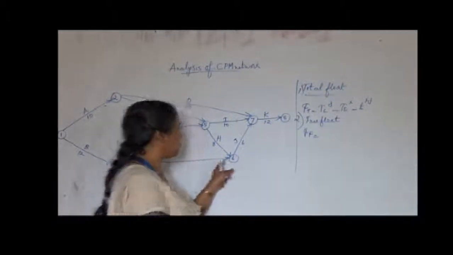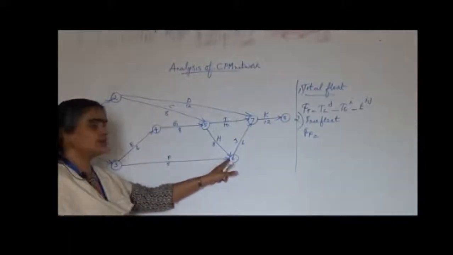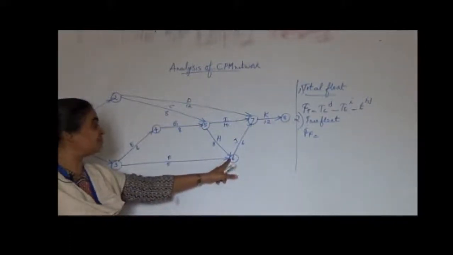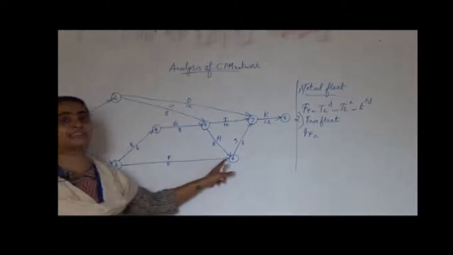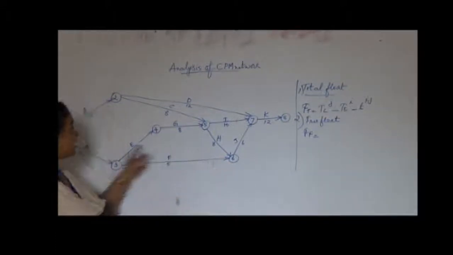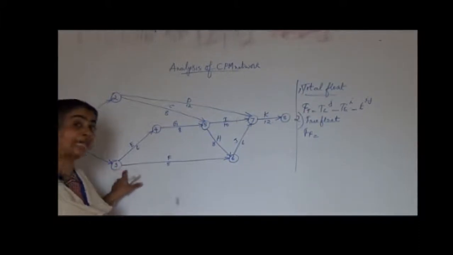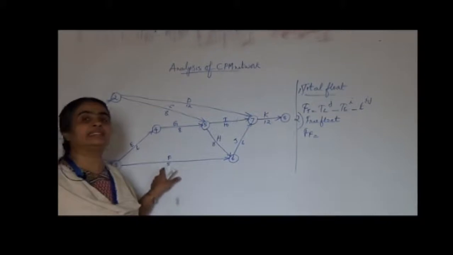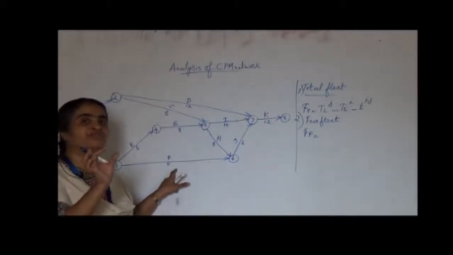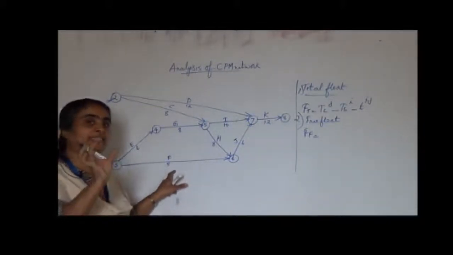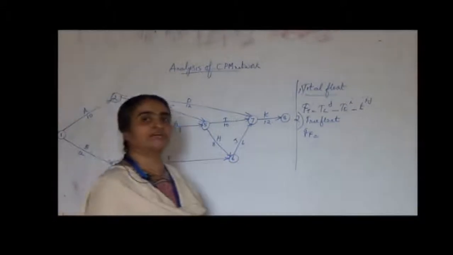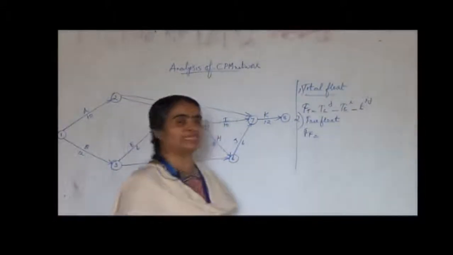For example, what is the free float of activity F? If all the activities leading to F start as early as possible, then the range within which it can start is called free float.